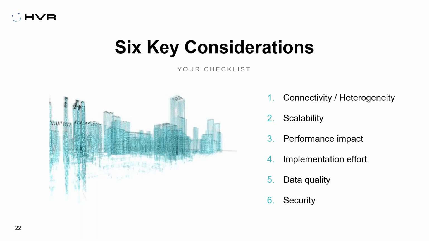Think about the effort on the implementation side, right? And then consider data quality, right? So from a HER solution perspective, we provide the ability to compare the data at any point in time. Do you have that ability? What is your means of making sure that the end users are going to trust the data? And then again, last on the list, but by no means least, make sure that the data is secure as it moves between systems.